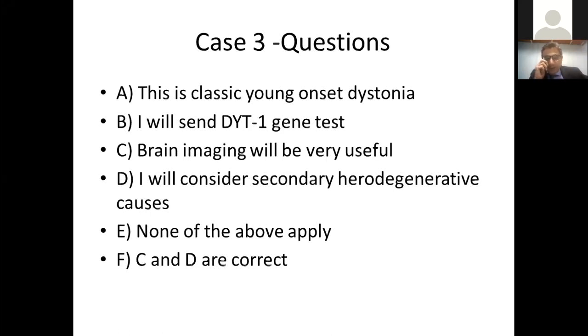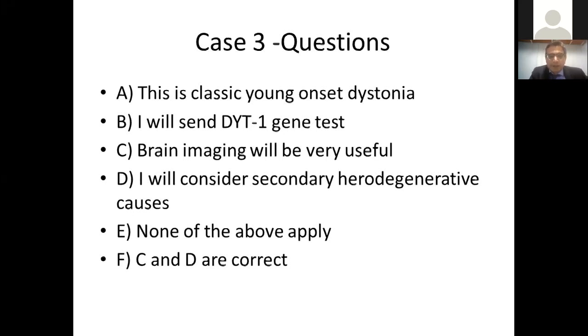You also notice he's in a wheelchair. If he's in a wheelchair, there's no reason for a primary dystonia, even if it's quite marked dystonia, to be in a wheelchair. So obviously his balance isn't very good. That's why he's in a wheelchair, and that's why you are considering a secondary heterodegenerative cause. One thing which is very useful in this situation is brain imaging.